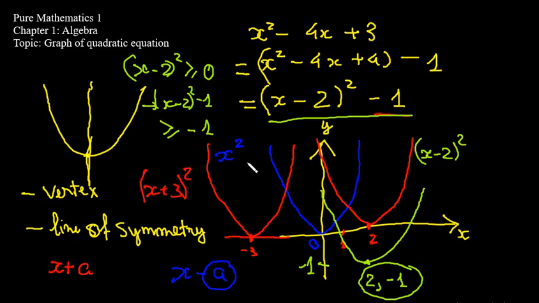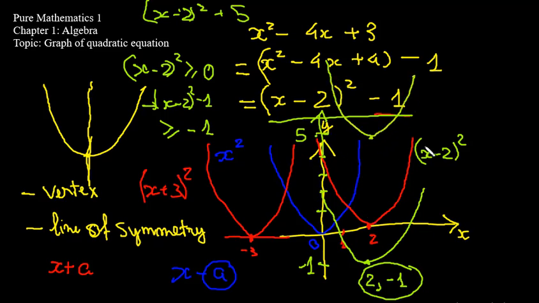If we have (x minus 2) squared plus 5, here's 1, 2, 3, 4, and 5 up here, so my vertex will be here. This graph will move up 5, and if it's minus something, it will move down. That is the simple rule to draw a quadratic graph.